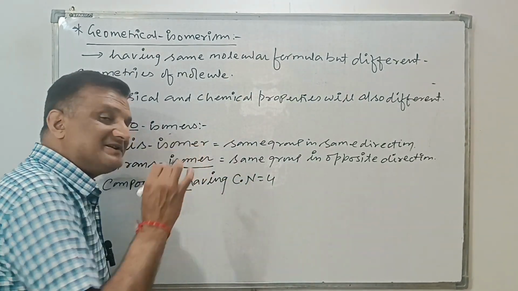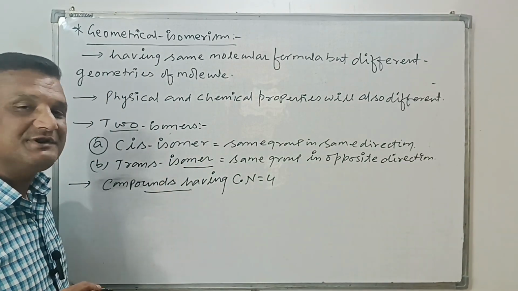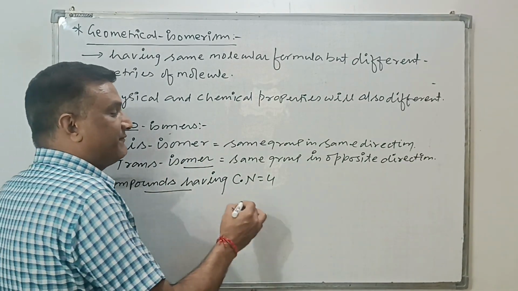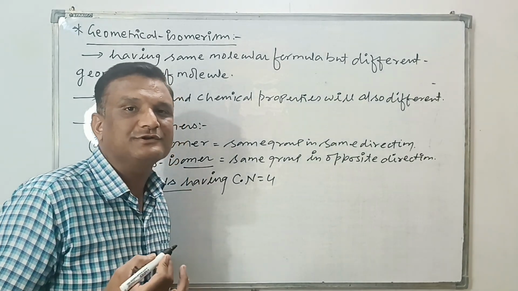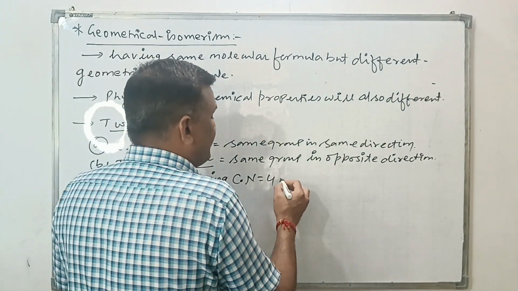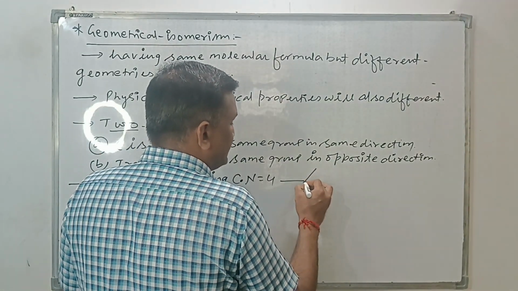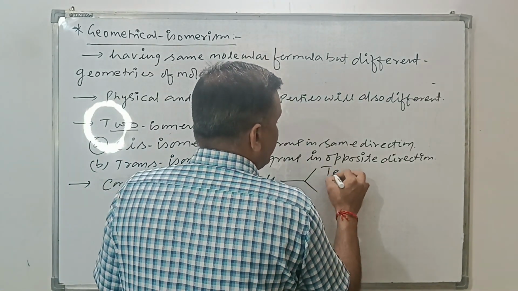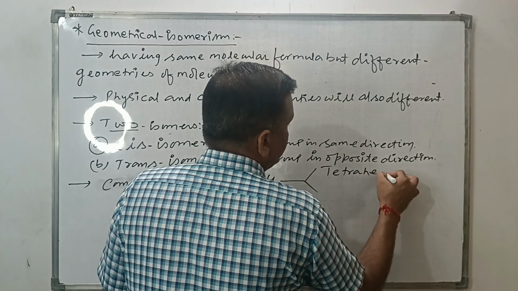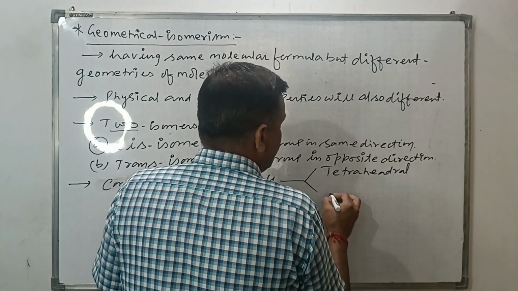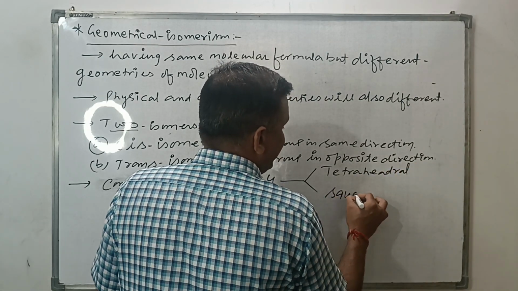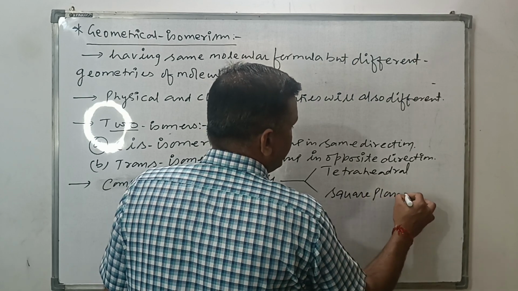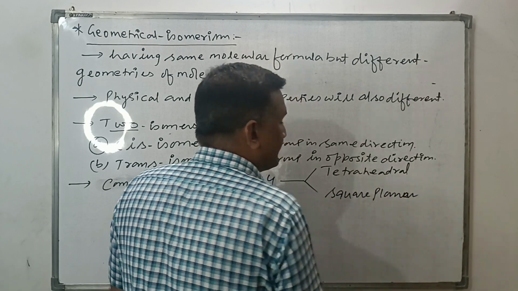So geometrical isomerism with compounds having coordination number 4. We have discussed in previous videos that for coordination number 4, there are two types of geometries. One is tetrahedral geometry, and another is square planar.